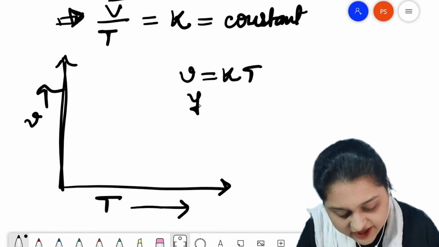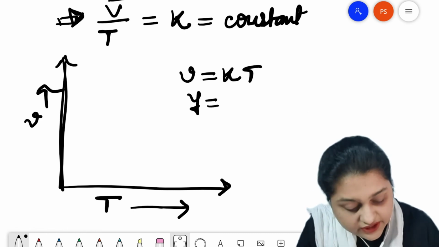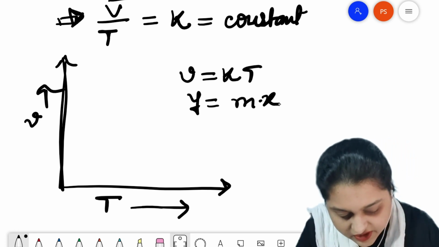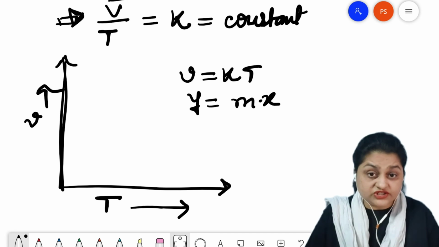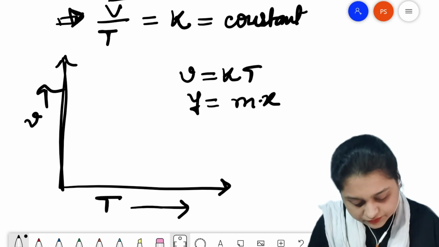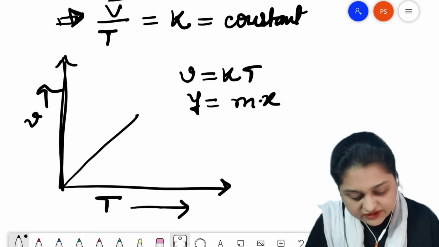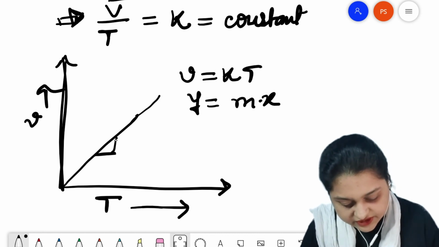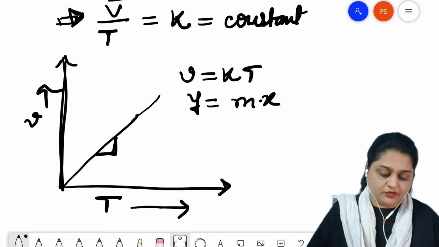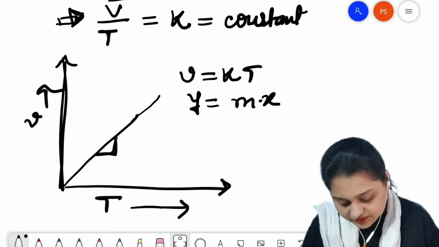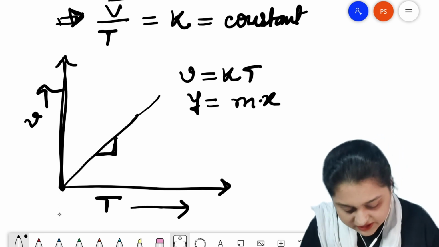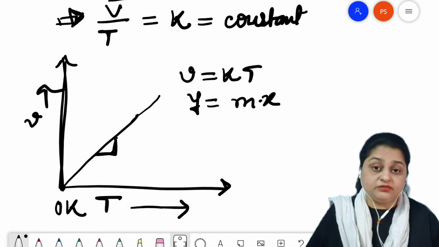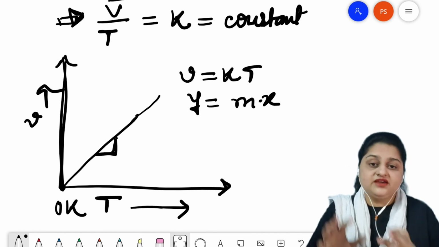V is the y-axis, K is the constant, or in this case the slope, and T is the x. So this is nothing but a straight line equation starting from the origin. This will be a plot representing a straight line with a positive slope, and this point represents the 0 Kelvin temperature. Now 0 Kelvin is nothing but minus 273 degrees Celsius on the Celsius scale.